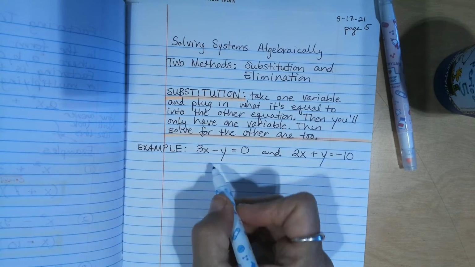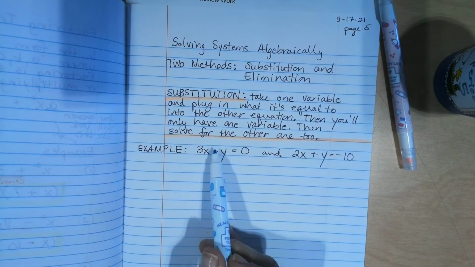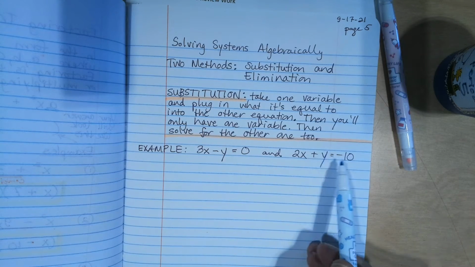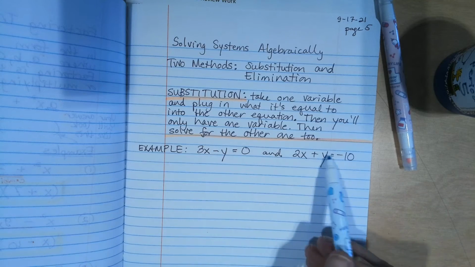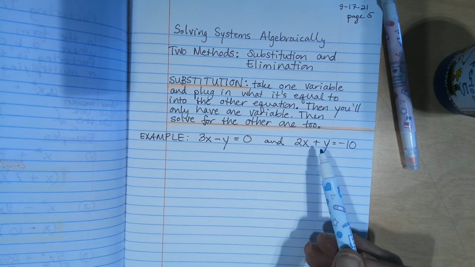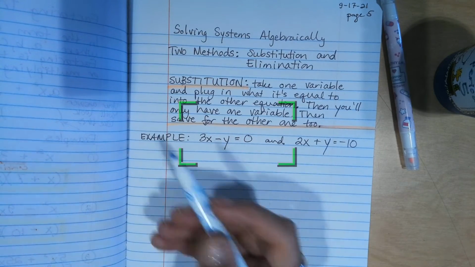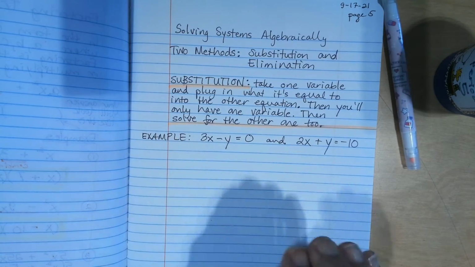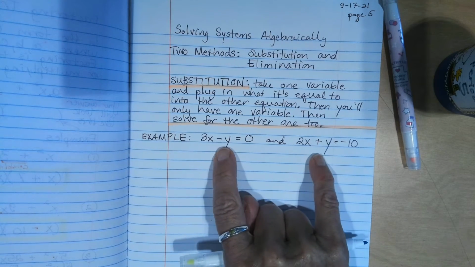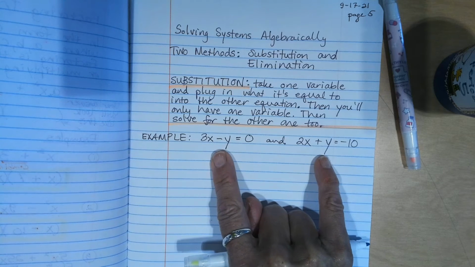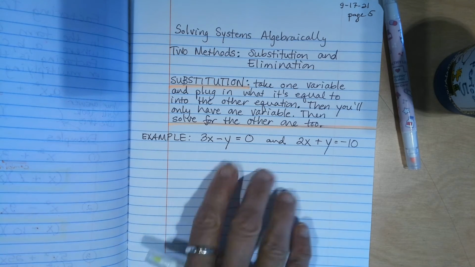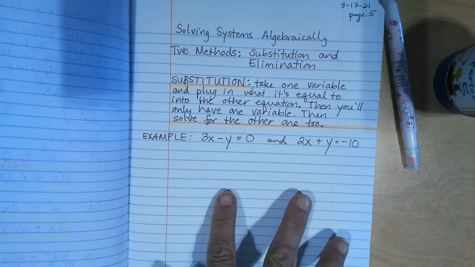So what we're going to do is we're going to take either one of these variables, either this y or this y. See how there's no coefficient in front of them? That's when I want to use substitution. So you might want to make a note: use substitution when one of the variables does not have a coefficient, a single y. And what you're going to do is change it so it's y equals.